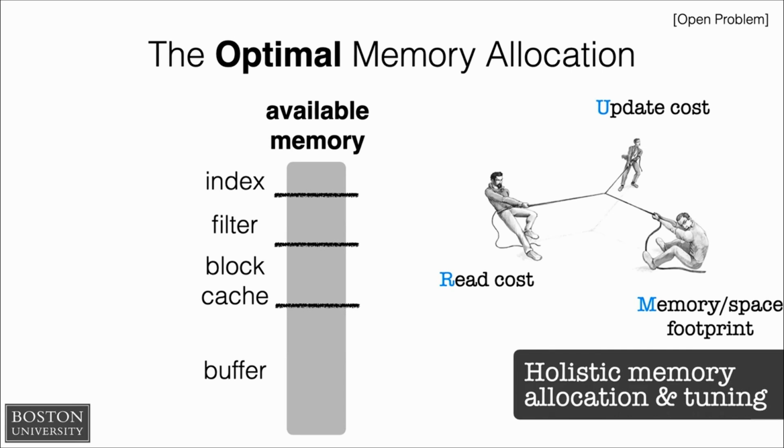And in fact, there is one more that is a little more subtle. When we're performing compactions, we also need memory buffers. And when we're answering range queries, we also need compaction buffers because we compact on the fly for the range queries. So there are a few more nuances to really achieve holistic memory tuning.